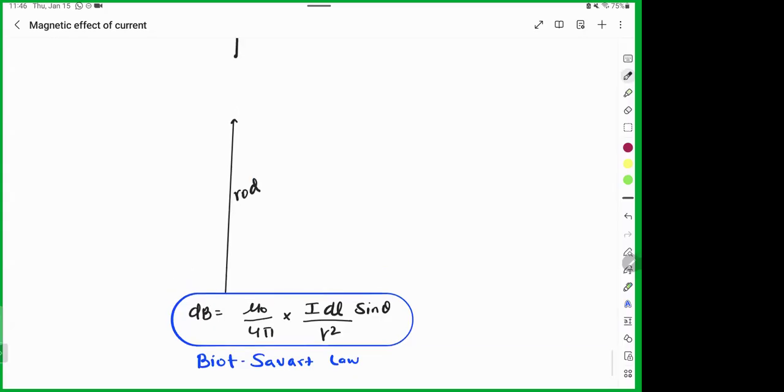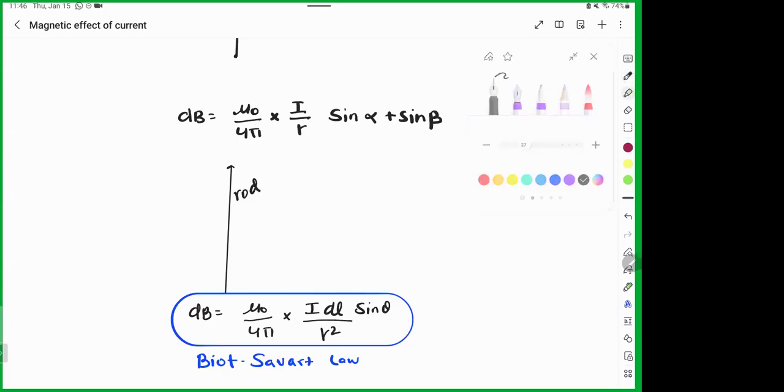In this case, if you calculate your magnetic field, then your dB value will be equal to mu naught upon 4 pi I, dl will cancel with one of the r values, and it will be sine alpha plus sine beta. Jordan, any doubt in this? No, sir.